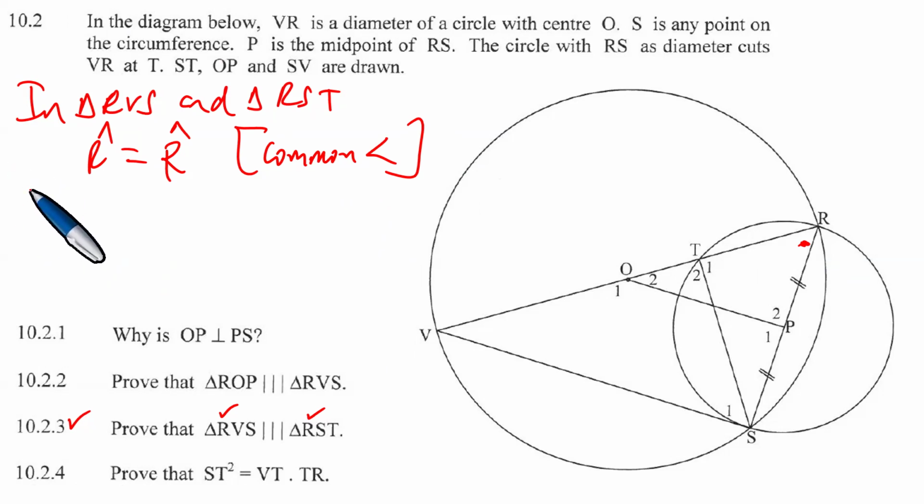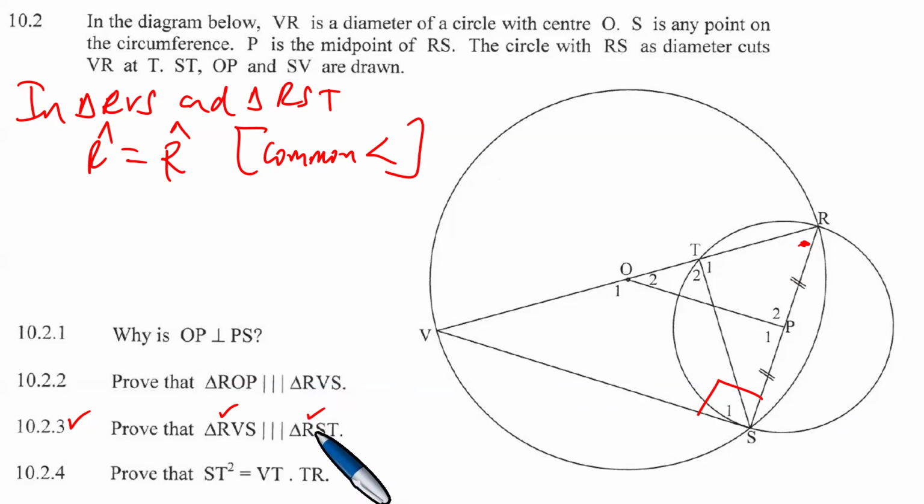In the end, if you look at triangle RVS, it has an angle of 90 degrees here because this is a diameter, and a diameter subtends an angle of 90 degrees at circumference. Moreover, we also look at triangle RST.